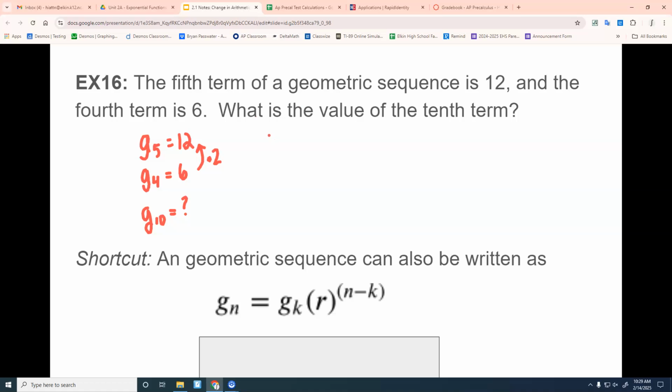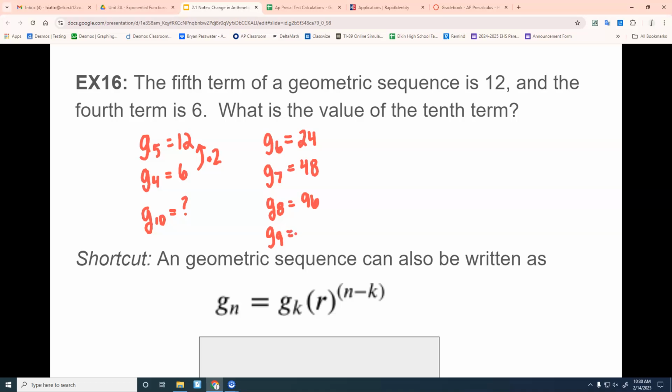So I saw several of you just doing, well then G6 would have to be 24. G7 would have to be 48. G8 would have to be 96.